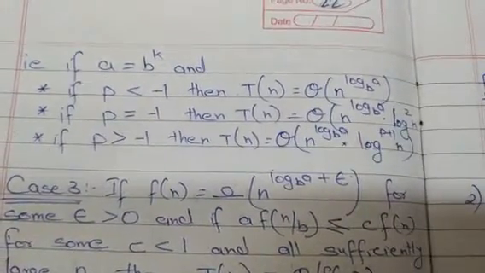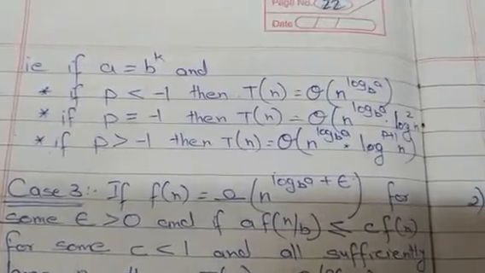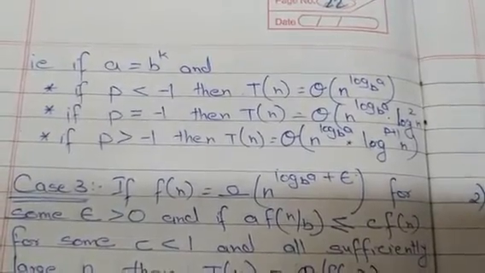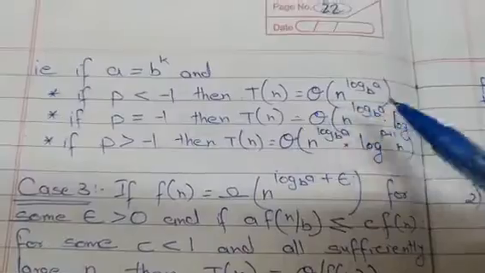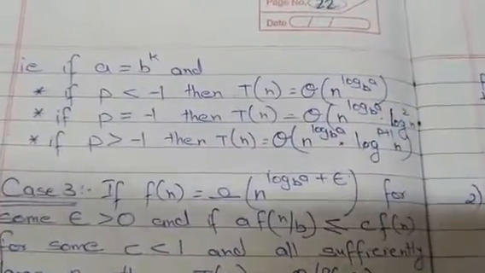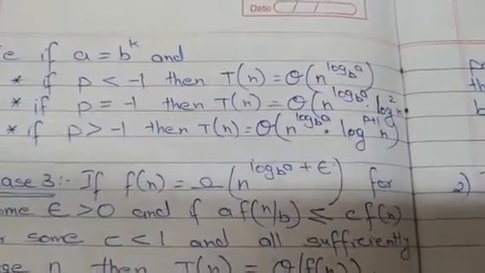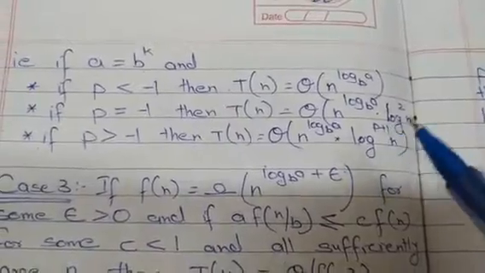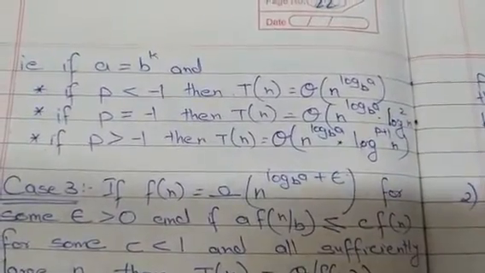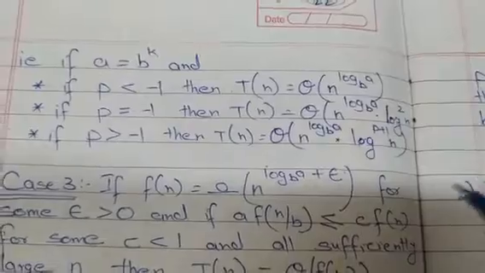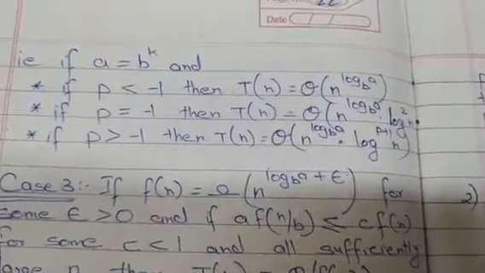Okay, there are 3 different cases: p less than minus 1, equal to minus 1 and greater than minus 1. So if it is less than minus 1, it is just n and the log power. If it is equal to minus 1, then there is a log square n, and if it is greater than minus 1, it is log with p plus 1 power.